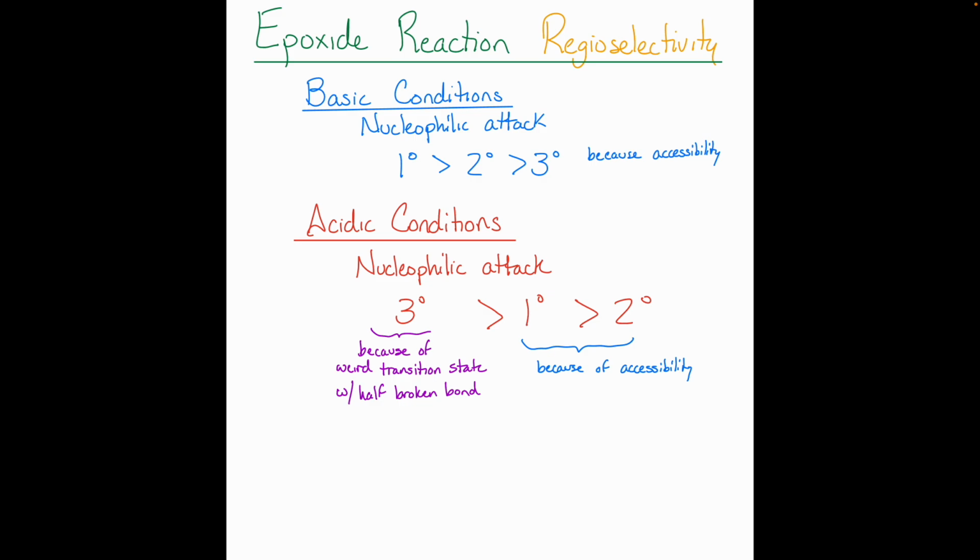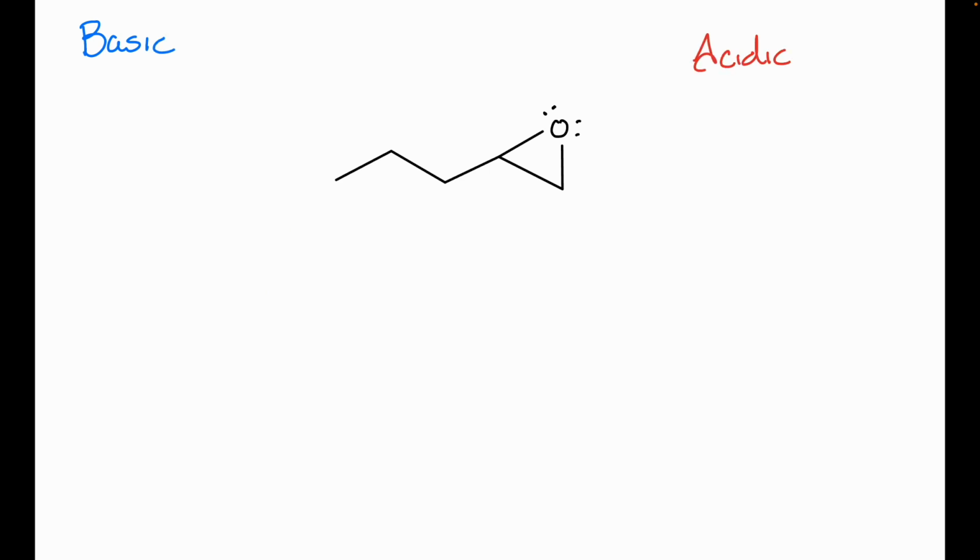All right. Cool. All right, so let's do some examples here. We're going to take an epoxide. I'm going to put it in the middle, because on the left-hand side, I'm going to react it with a basic nucleophile, and on the right-hand side, I'm going to react it with an acidic nucleophile.